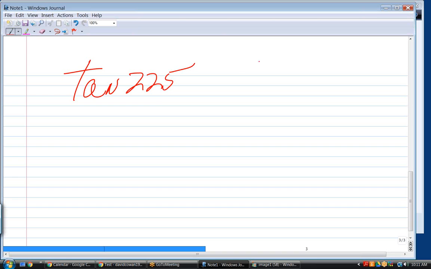Okay. So it's the equivalent of a 45-degree angle as far as the absolute value goes. What's the tangent of 45 degrees? Let me get out my calculator.